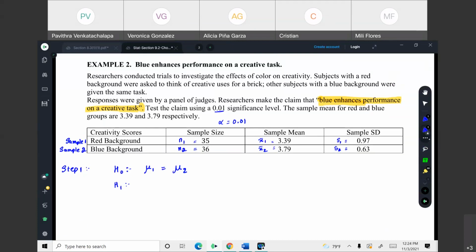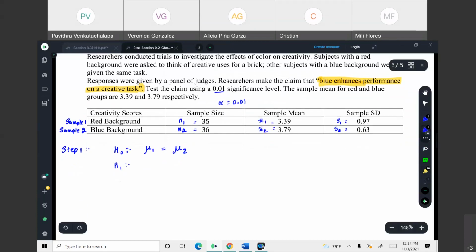That means blue is somewhat greater, so it is increasing, so it is a greater than value. Now blue is greater than red. Or even if you take a look at the sample mean, you can easily see blue is greater.